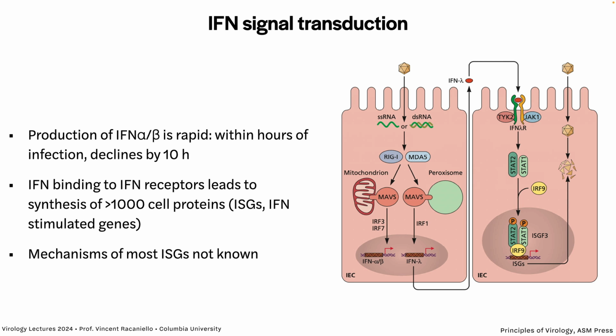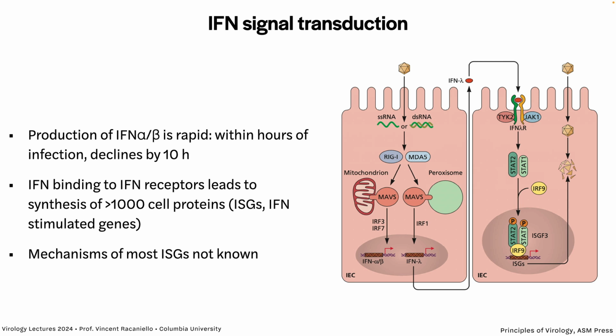And those interferon genes give rise to mRNAs, which are translated, and the proteins are secreted. The interferons are secreted from the infected cell, and they can bind to receptors on other cells. And then those other cells will turn on the synthesis of what we call interferon-stimulated genes, or ISGs. And those ISGs are what have antiviral properties.